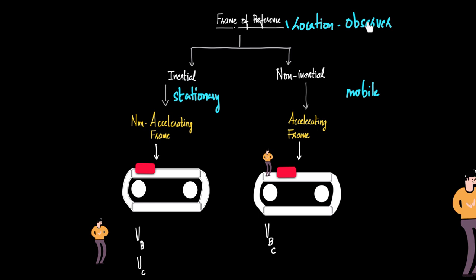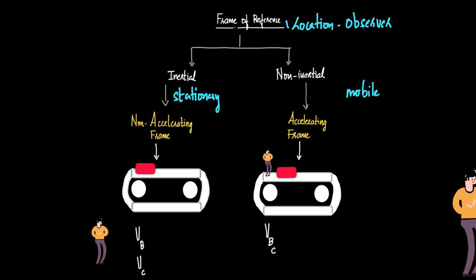If the observer is present in a mobile location, then that corresponding frame is said to be a non-inertial frame. Inertial frames are otherwise called non-accelerating frames, and non-inertial frames are otherwise called accelerating frames.